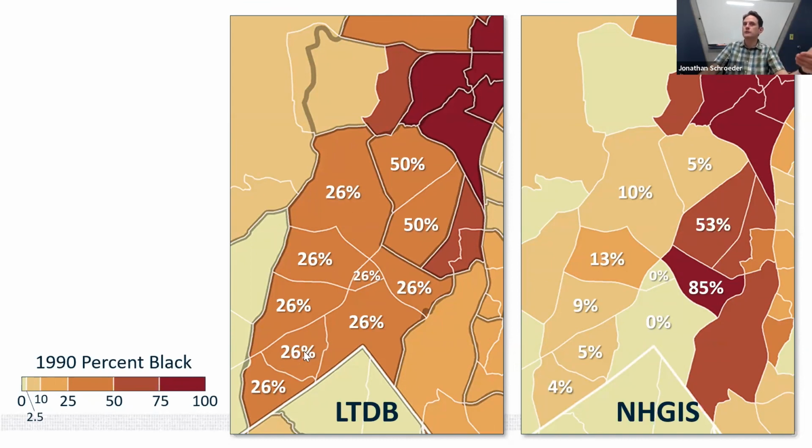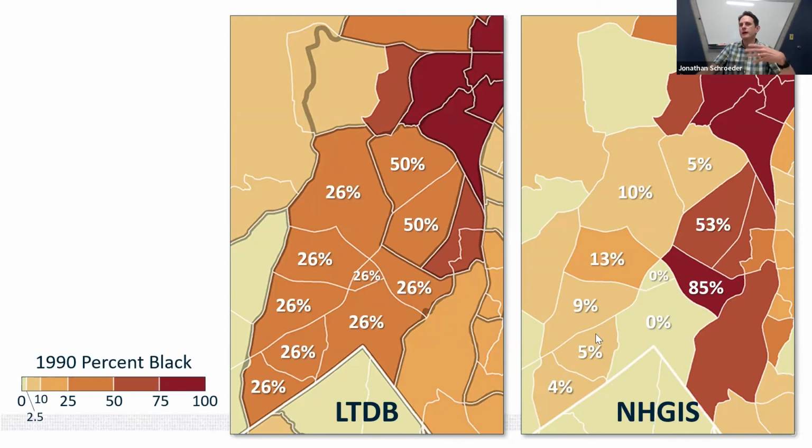You'll basically be assuming uniform population characteristics throughout the tract, which results in a map like this, where every single 2010 tract has exactly the same rate of percent black.